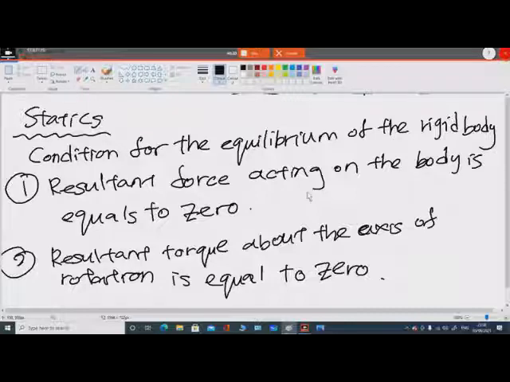If there is no motion, the object is in stationary condition, so we can say that the object is in static condition. That is the explanation for statics. That's it for the statics chapter.